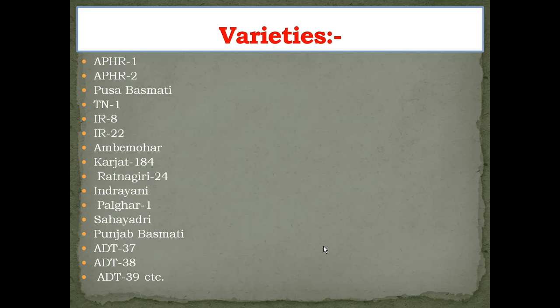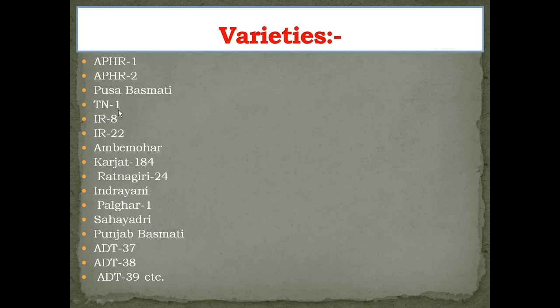And then you can see the varieties. APR 1, APR 2, then Pusa Basmati. This is a scented variety, a highly export-oriented scented variety developed by the IARI, New Delhi.